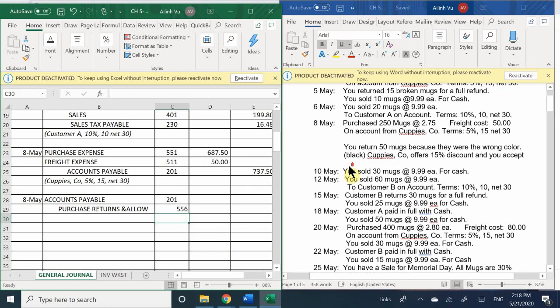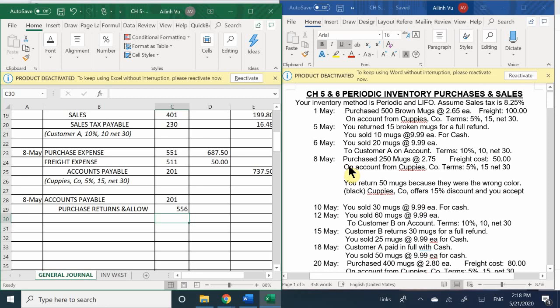How are we going to calculate these 50 mugs? 50 mugs at $2.75 each is $137.50. We're getting a 15% discount, so we multiply that amount by 15%, and you should get $20.63.